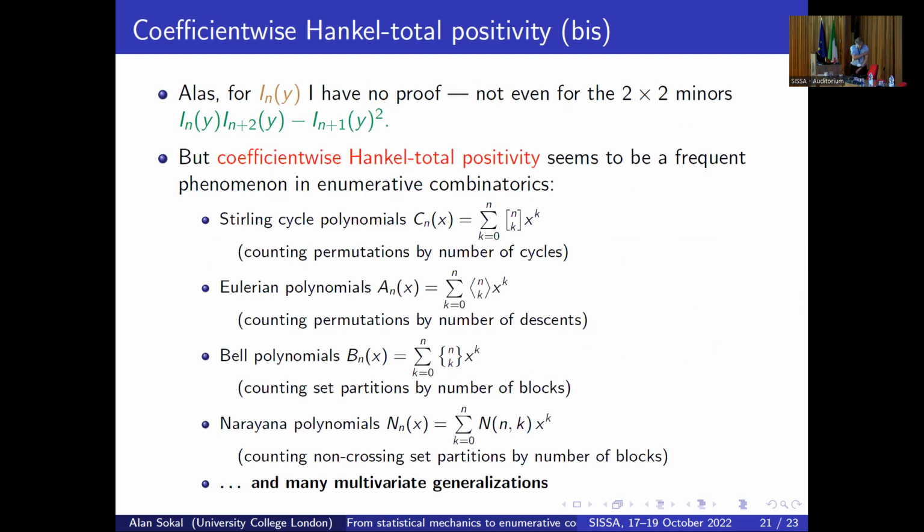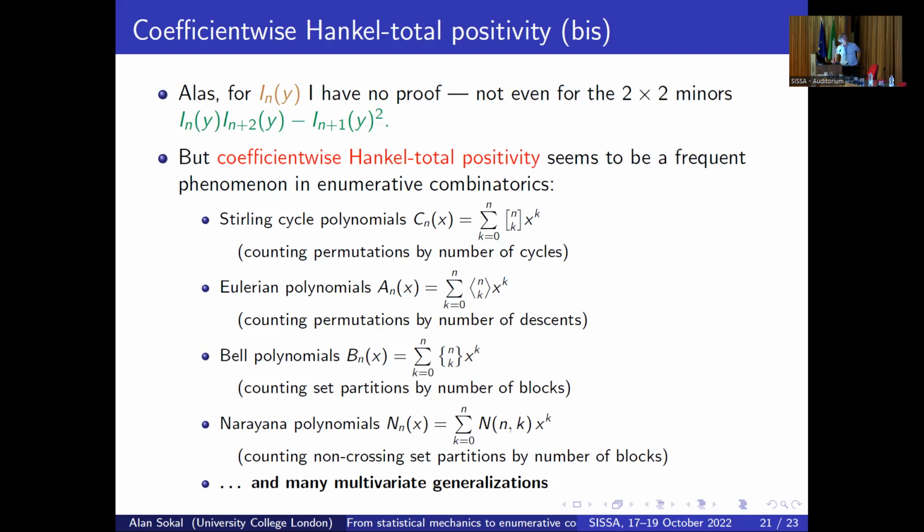But coefficient-wise Hankel-total positivity seems to be actually a frequent phenomenon in enumerative combinatorics. Lots of generating polynomials for interesting combinatorial objects seem, empirically at least, and in some cases provably, to be coefficient-wise Hankel-totally positive.